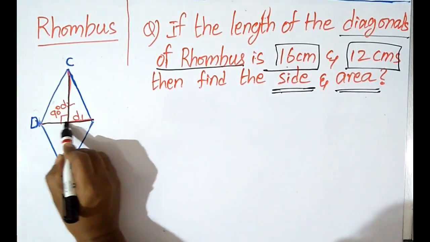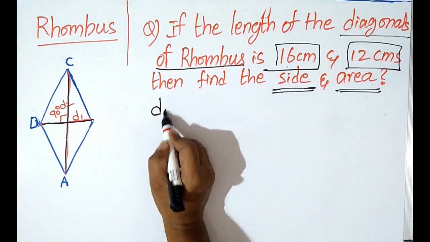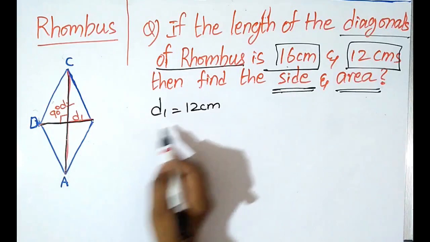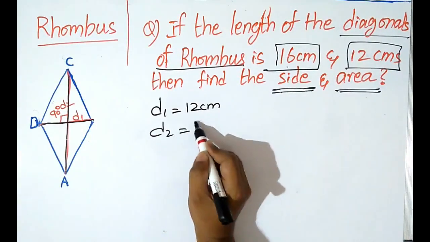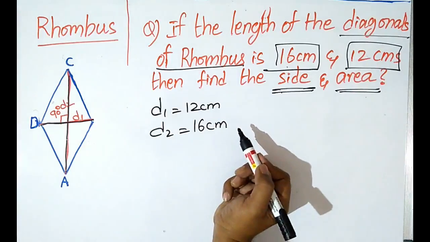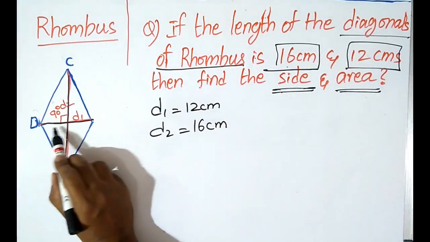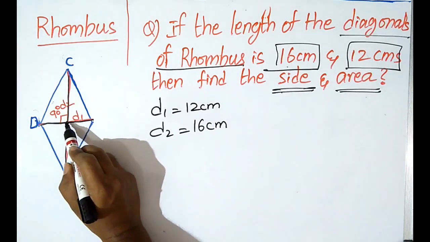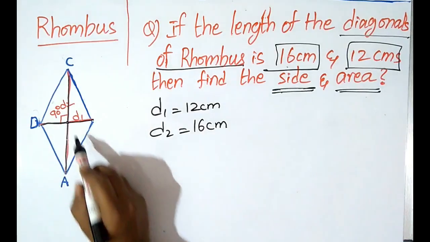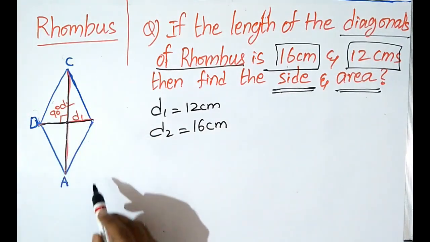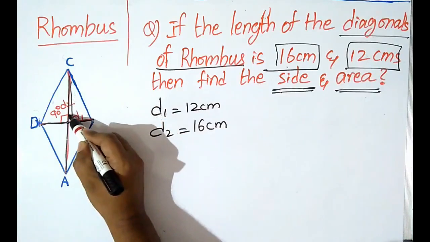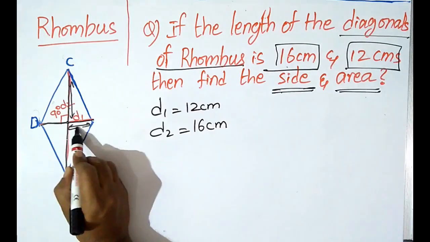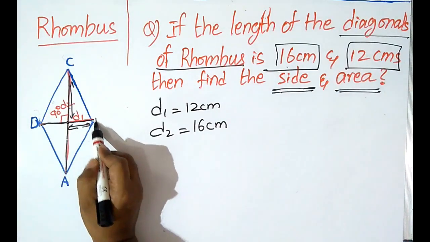If D1 is given by 12 centimeters and D2 is given by 16 centimeters, we know that these diagonals bisect each other, in the sense they cut at the midpoint of both the diagonals. Then this part becomes half of D2 and this part becomes half of D1.